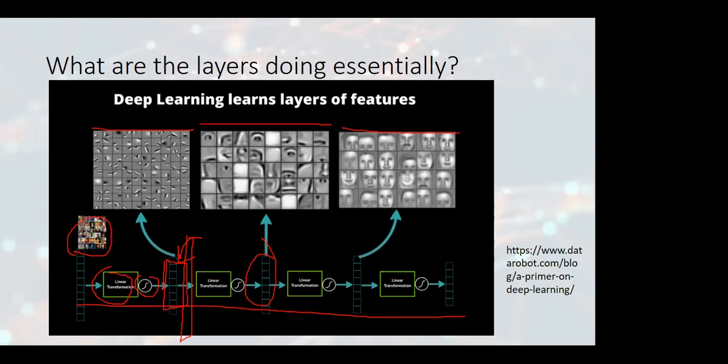Okay, so that was a really in-depth analysis of what the layers are essentially doing. It is also important to point out that the deeper your network is, the more gradually you can learn these features, and the more accurate your results might be.